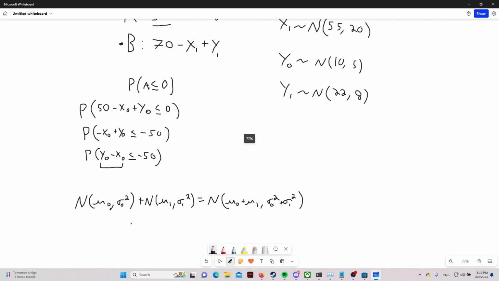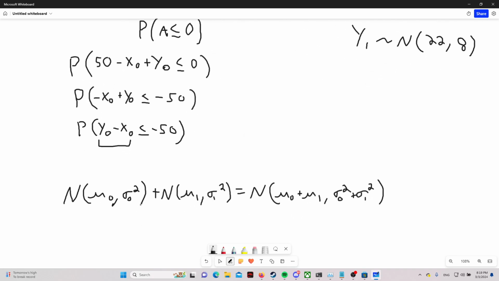And I'm not going to prove this here, again, for the sake of time, but if you were to look at the moment generating function for this, and you take the product, it's pretty easy to see that these properties would hold.